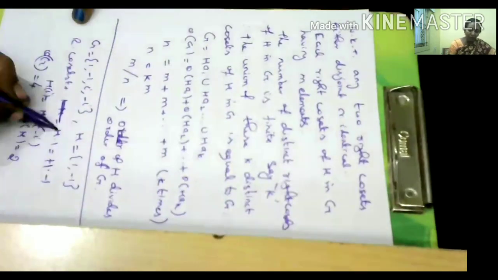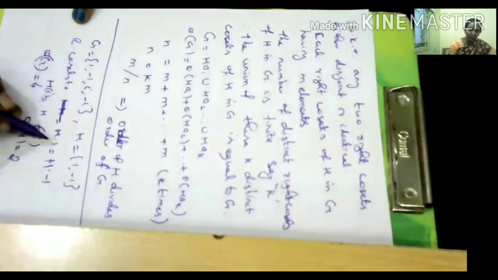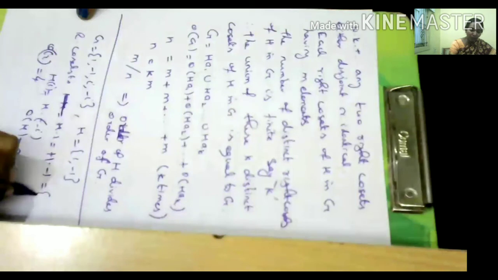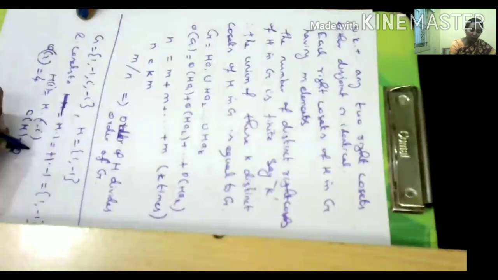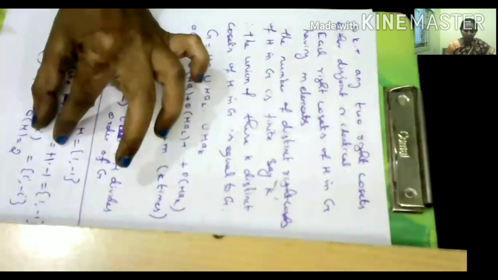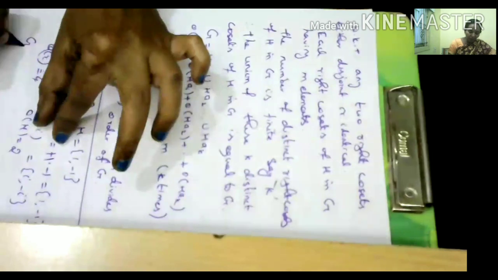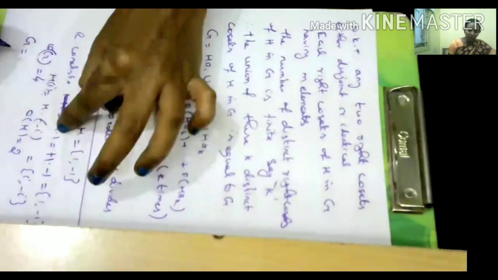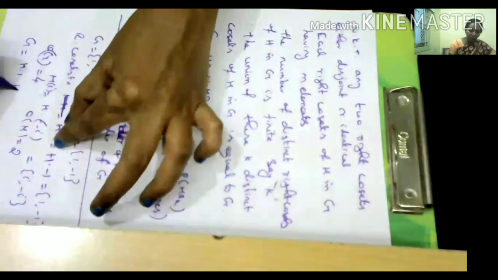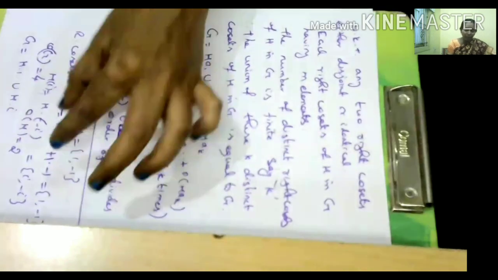Combining the 2 right cosets, H dot 1 has the elements 1, minus 1, and here the elements are I, minus I. So combining all the right cosets, G is equal to H dot 1 union H dot I.